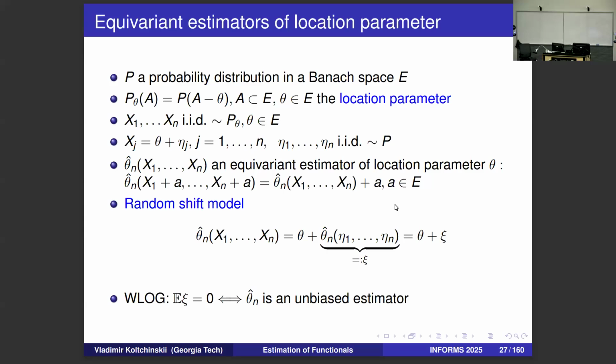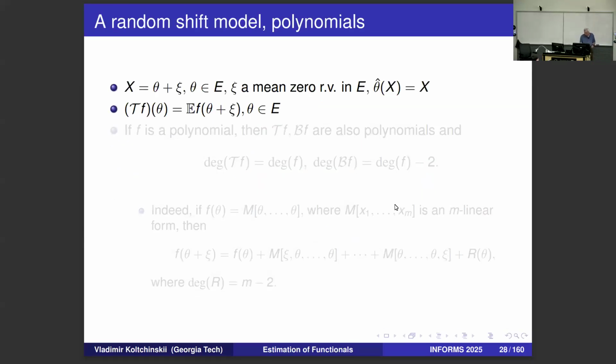We can subtract it and adjust the model a little bit, and work with a model in which the noise has zero mean. So we will make this assumption. Let's start with what I will call a random shift model with zero mean.